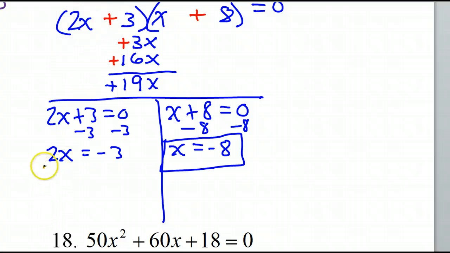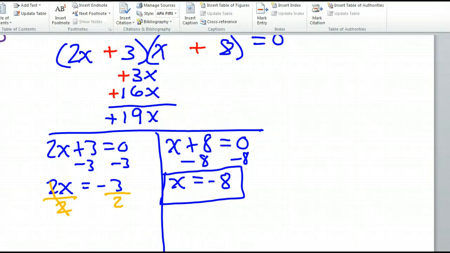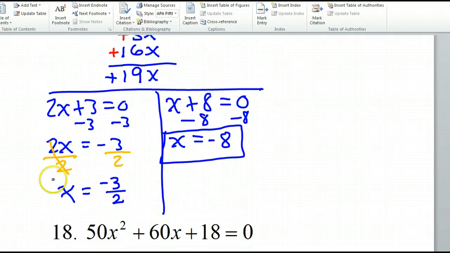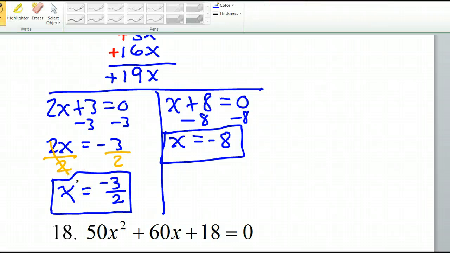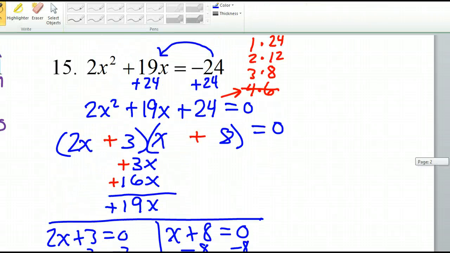On this side, we will have to go ahead and divide by 2 to get our final answer. So we will have x equals negative 3 over 2. Okay? Alright, so that was number 15.